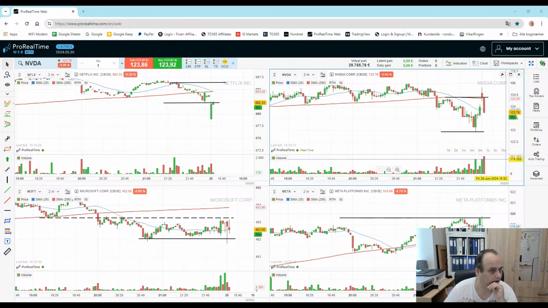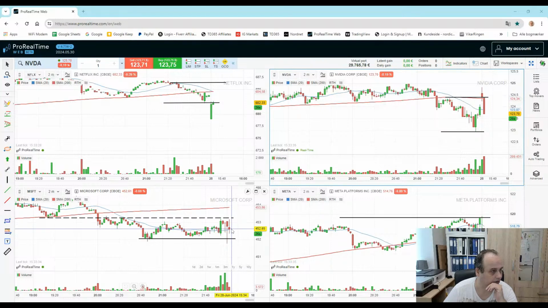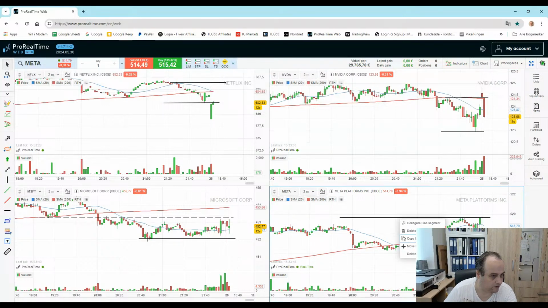So far, there hasn't really been anything clear, because this one is trapped inside the trap zone. This one is just producing a small green bar up here in front of the trap zone. NVIDIA is kind of going all the way back, and you could say, well, Meta actually passed the trap zone. The Meta one, I missed one here.